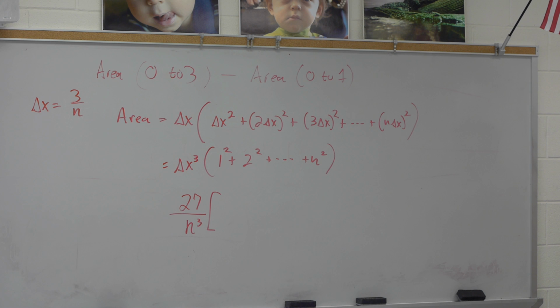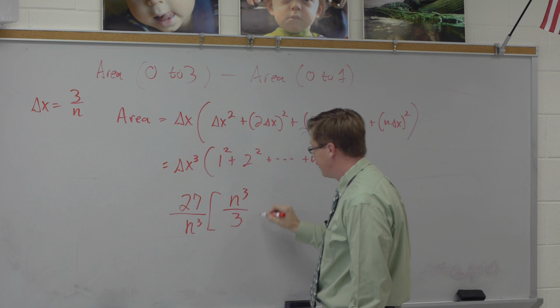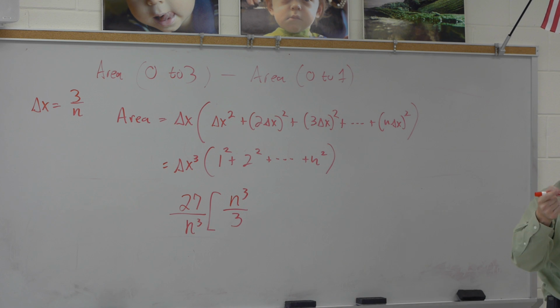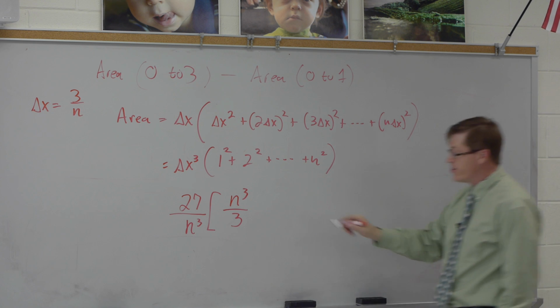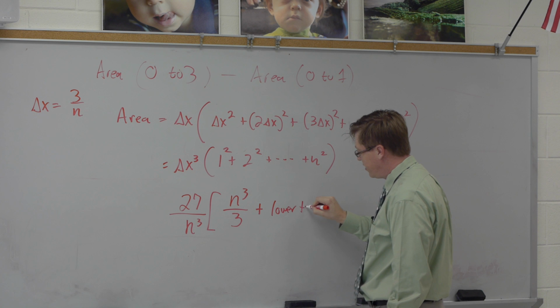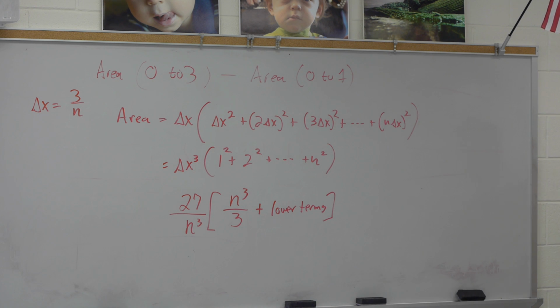And what's our shortcut formula for the sum of the squares? n to the k plus 1 over k plus 1, plus lower order terms that we don't care about for this exercise.